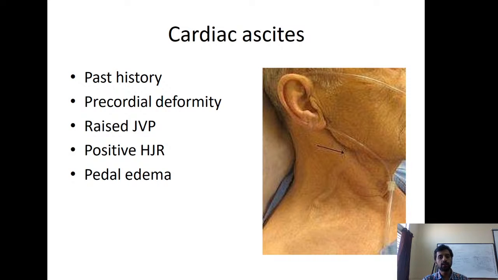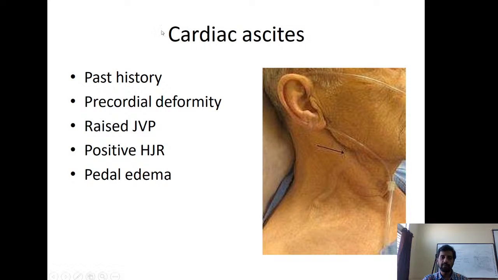But in these patients, the clue is that your neck veins will be distended. Even if the neck veins are not distended, with pressure on the liver, like the hepatojugular reflex, when you press the liver, the fluid comes back to your neck veins because your heart will not be able to effectively pump the blood, and so you will have a positive hepatojugular reflex.